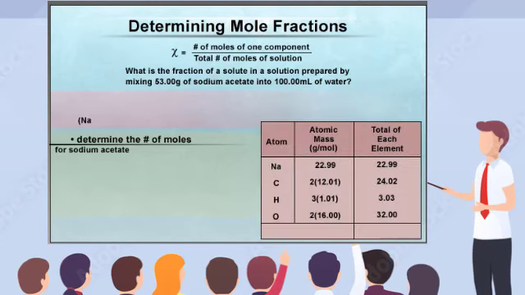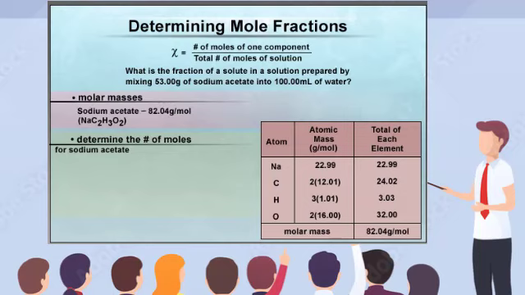The composition of sodium acetate is NaC2H3O2. Therefore, its molar mass is 82.04 grams per mole. Using the conversion factor 82.04 grams per mole, calculate the number of moles in 53 grams of sodium acetate.